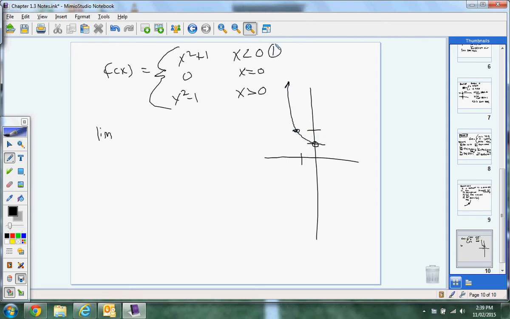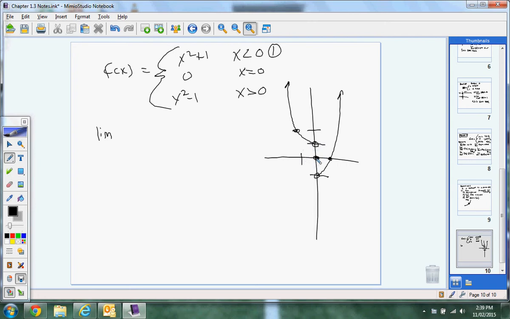That's this guy. x squared minus 1 would be down here. Again, it's an open dot. Then it's up 1 over 1, so it's like here. And x equals 0 is just a dot at 0, right there. That's what the picture looks like.